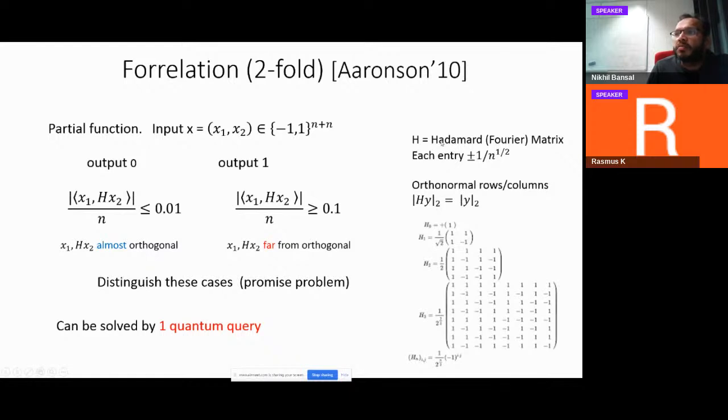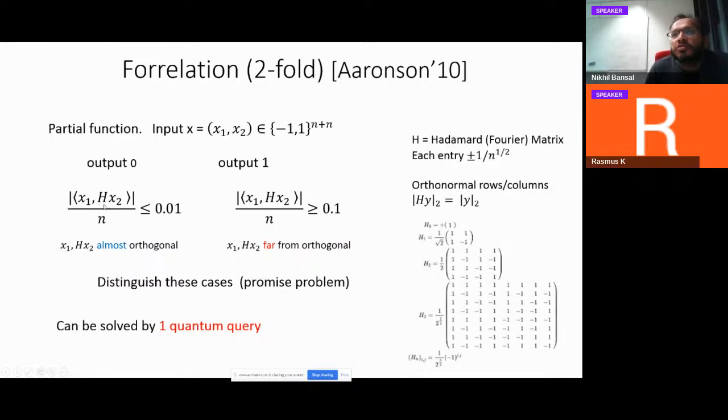So you take the Hadamard matrix, normalized so that each entry is 1 over root n, and you take the vector x2, multiply it with the Hadamard, and take the inner product with x1, the first n bits.